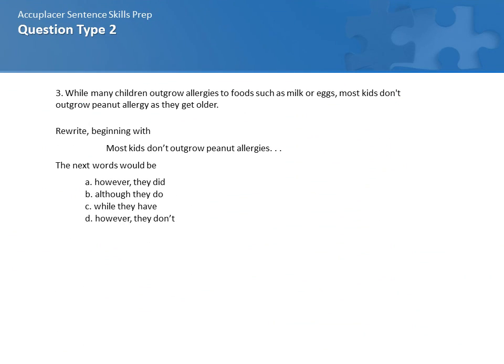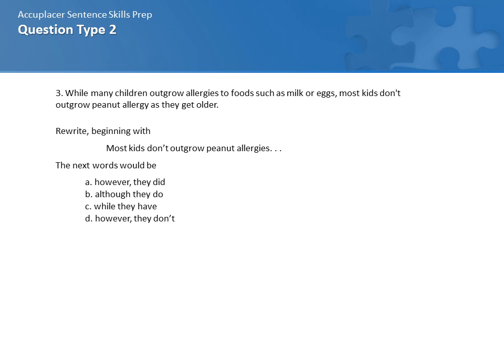Let's give number 3 a try. While many children outgrow allergies to foods such as milk or eggs, most kids don't outgrow peanut allergy as they get older. And we are asked to rewrite this sentence beginning with, most kids don't outgrow peanut allergies. And then notice that we're asked to predict what the next words would be after that passage.